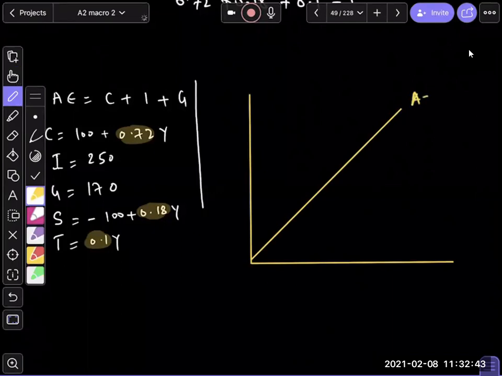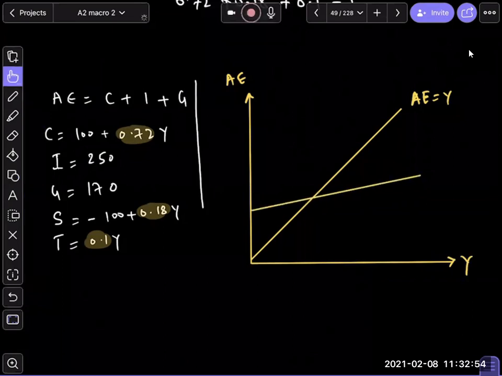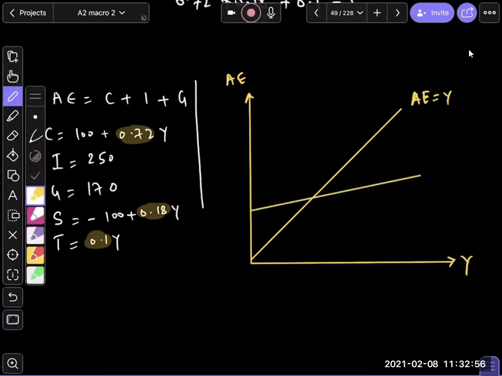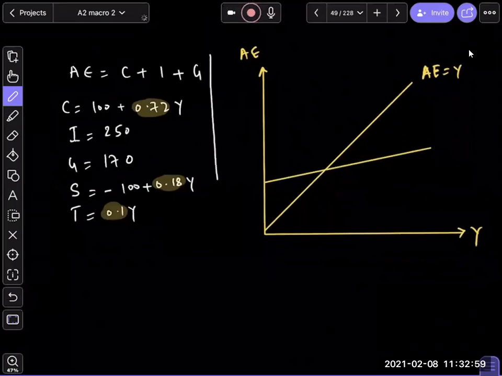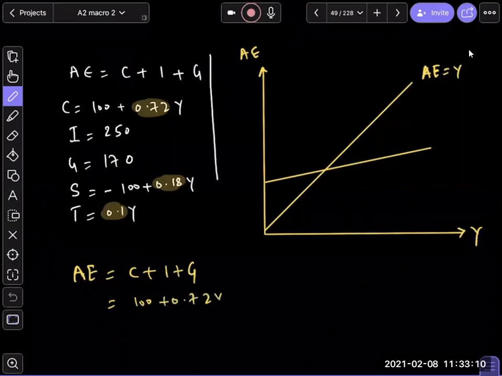Now, AE is equal to Y is the first thing we'll draw. This is AE, this is your Y. And our equation right now is this one. So what's the total number? AE is equal to C plus I plus G, where C is 100 plus 0.72y, I is 250, G is 170.